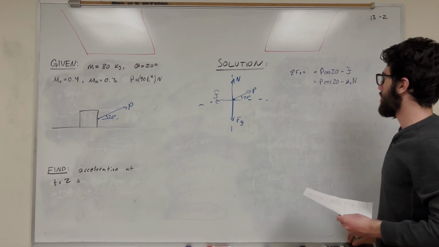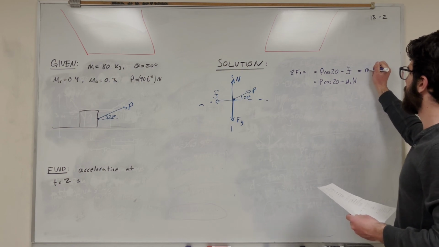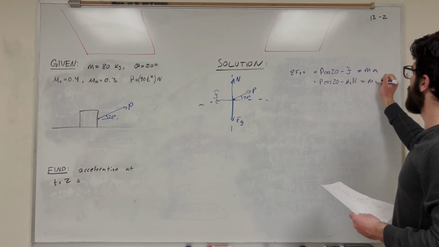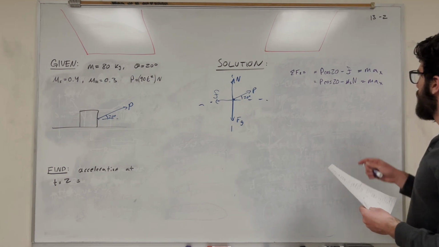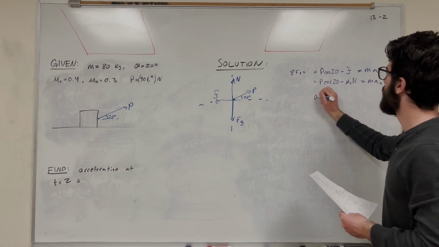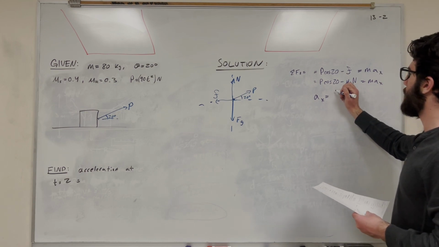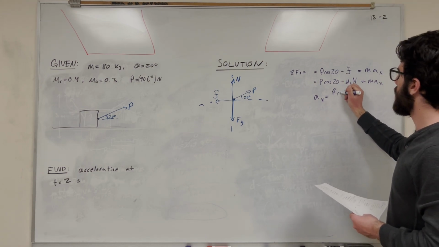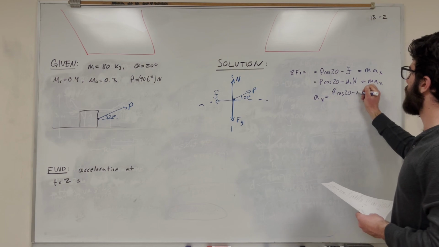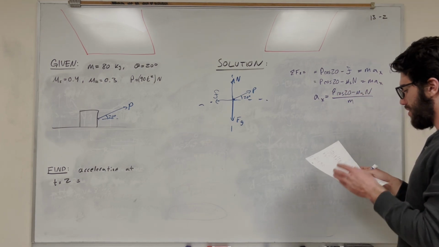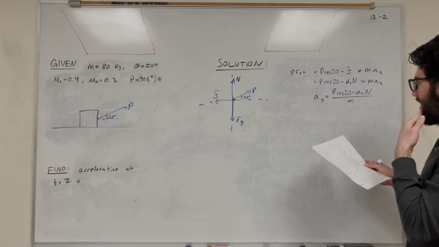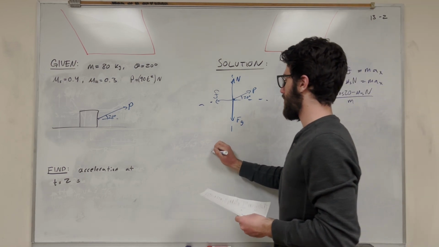Now the sum of the forces are equal to mass times acceleration in the x direction. And that's what we're solving for. So if we want acceleration in the x direction, I'm going to divide by mass, so you're going to get P cosine of 20 minus coefficient of friction times normal over mass. Oh shoot, I think we solved for normal earlier. I'm going to write it over here.